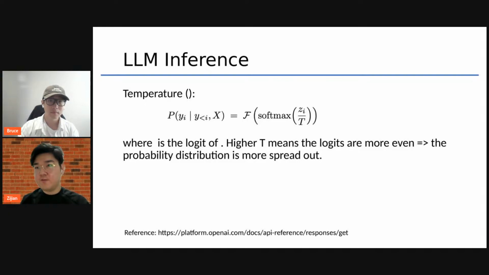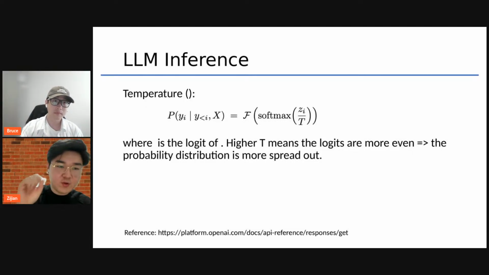For example, if originally the model gives you probability 0.7 and 0.3 for two tokens, if you increase the temperature, the probability difference probably drops to 0.6 and 0.4. Whereas if you lower the temperature, the difference is going to be more extreme, probably 0.9 and 0.1. So if you have a higher temperature, you're treating tokens more equally, whereas if you have a lower temperature, you're treating the dominant tokens more favorably.